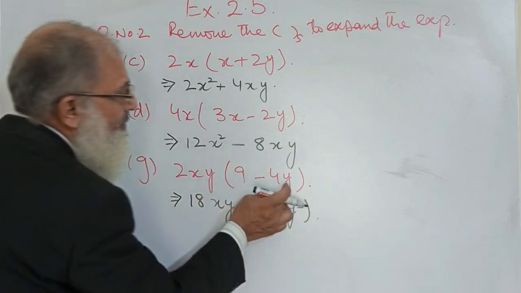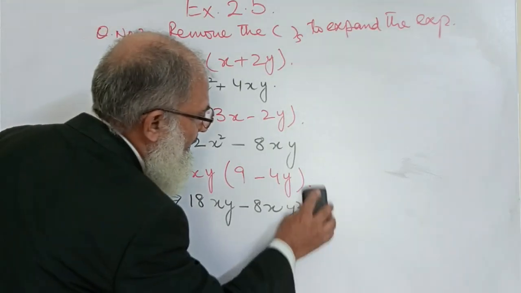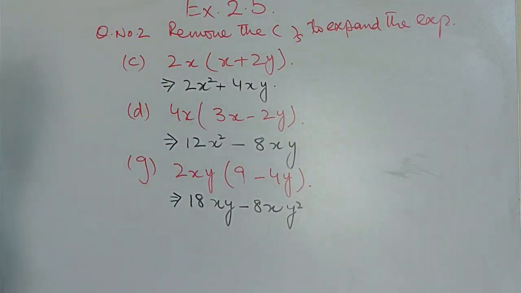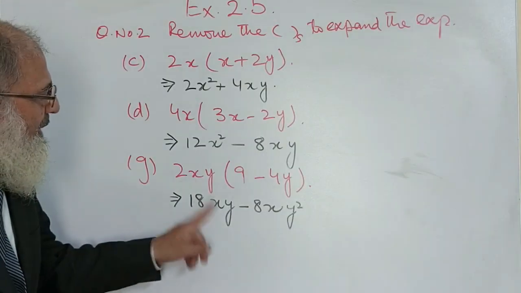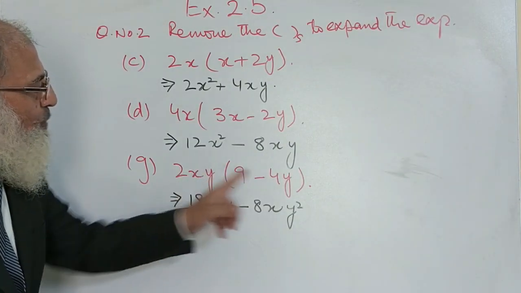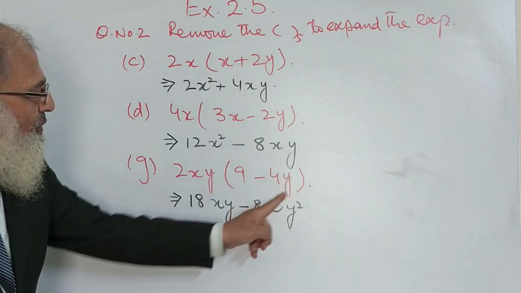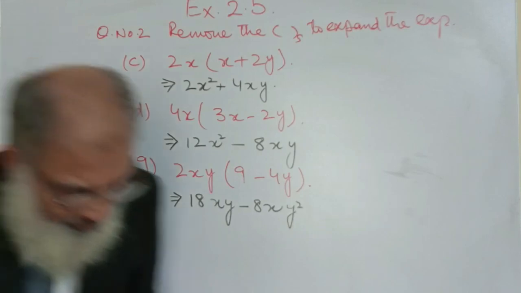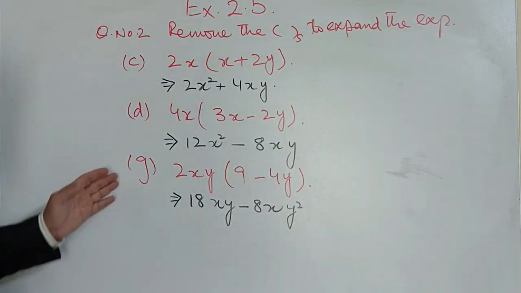Okay, bases are same so powers will be added. Now this is done and no need of closing the bracket. Okay, 2 multiplied by 9 is 18, xy. 2 multiplied by 4, x will remain as it is, y square. What was the part G?